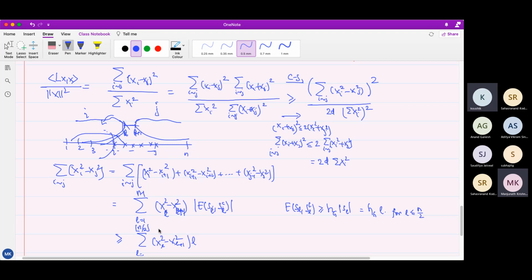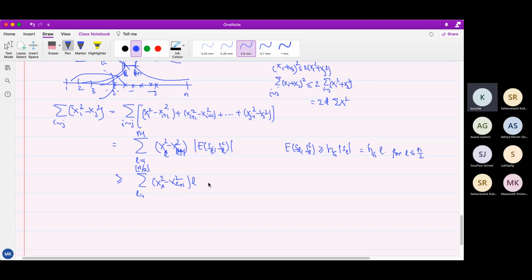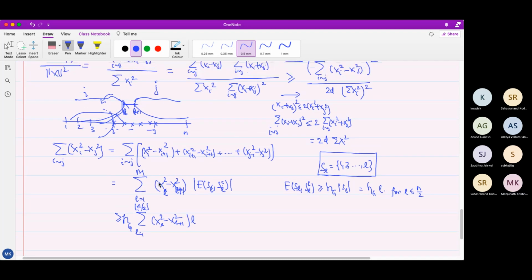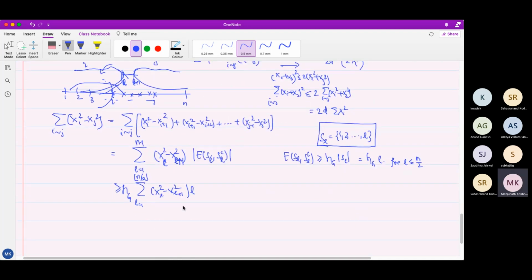Yeah, so SL is all the vertices up to index l because you ordered them, right? Is it correct? Right. Yeah, SL is 1 up to l. So you get Hg times this sum, and now, yeah, so this one is what? It is l. This is more or less okay.